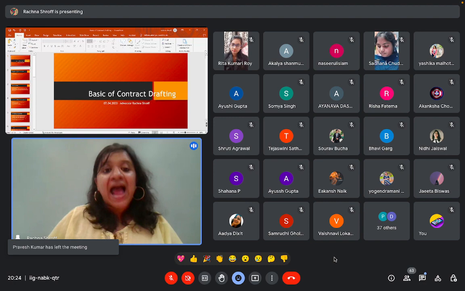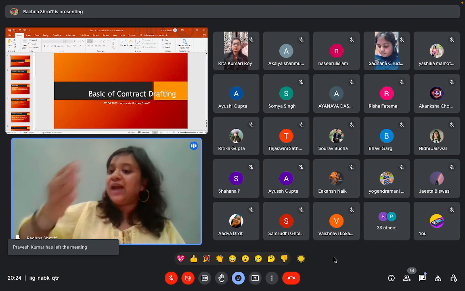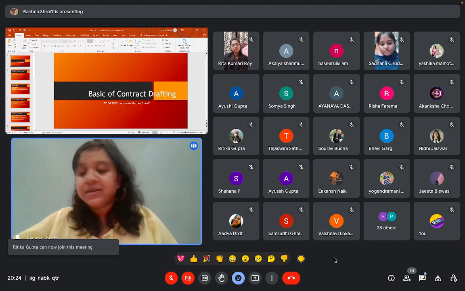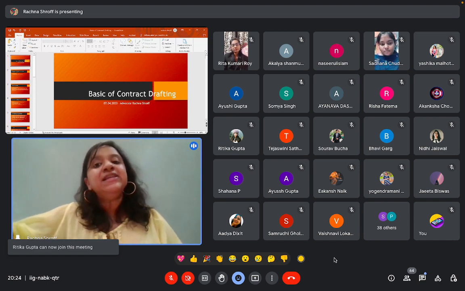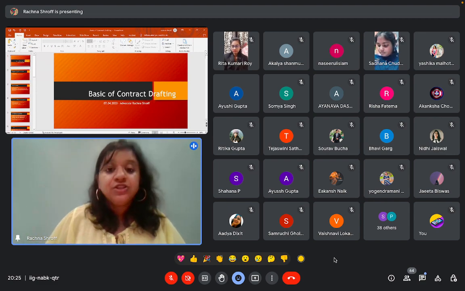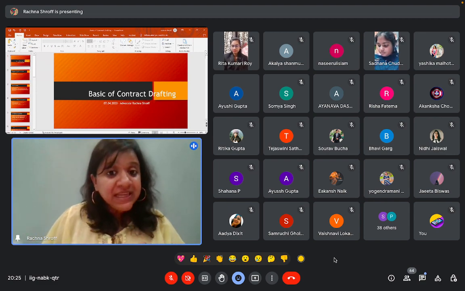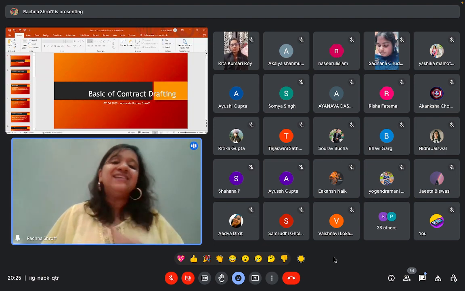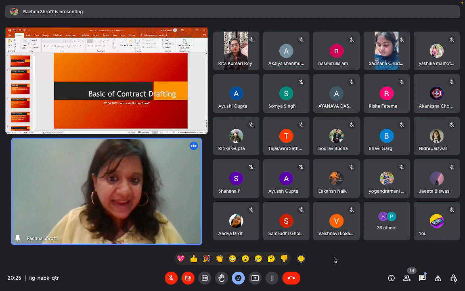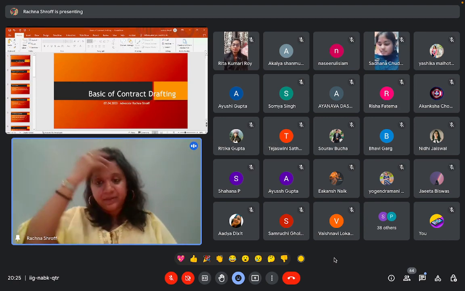And any agreement, from offer to acceptance to promise, when these three steps are completed, becomes an agreement. And when it becomes enforceable, it turns into a contract. So, to make it enforceable, there are certain conditions which are laid down under Section 10 of the Contract Act. Again, let's take an example.